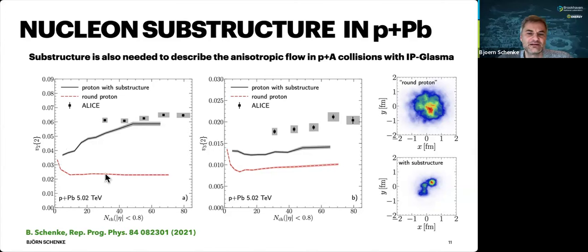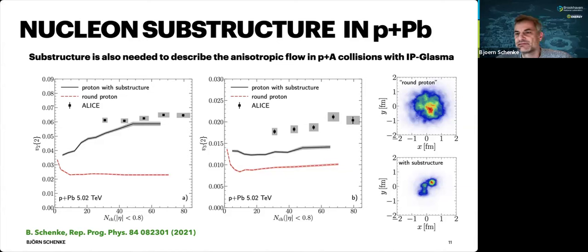And you see that if I don't have these additional fluctuations, I underestimate the data significantly. If I include them, I can do better, much better, in fact. I'm still below the data here for v3, but no fine-tuning has been done here in terms of trying to fit all the p-lead data.